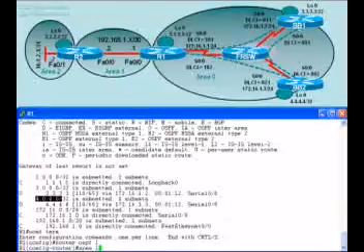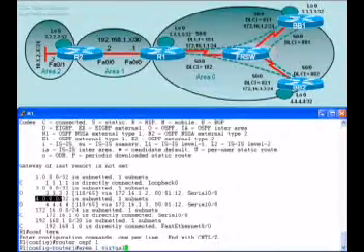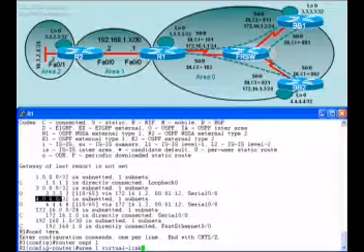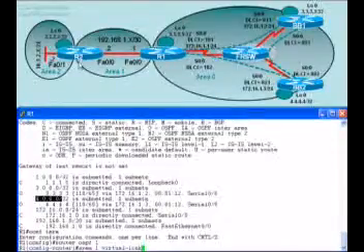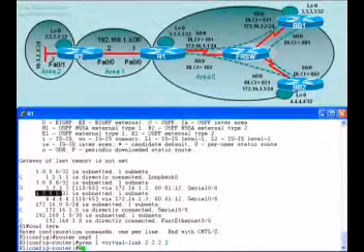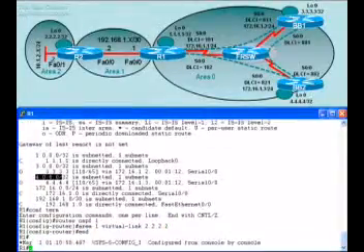So we say area 1 virtual-link, and then we give the router ID of the router at the other side of this virtual link. From the perspective of R1, the router at the other side of this link is going to be router R2. It has a router ID of 2.2.2.2. We're done with our configuration on router R1.